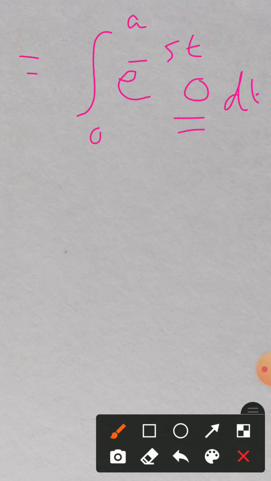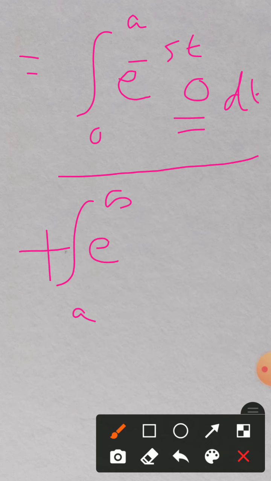So this whole term will become 0, plus the integral from a to infinite of e raised to power minus st. In this case, the value of g(t) will be f(t minus a) dt, because the value of g(t) will be f(t minus a) for t greater than a.